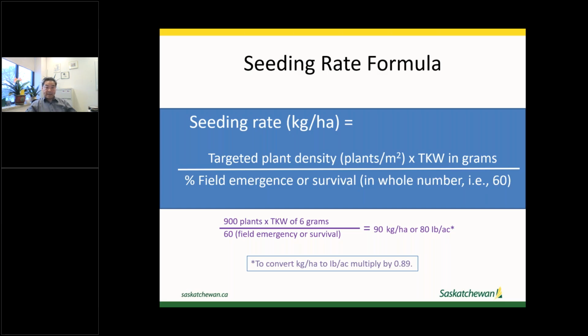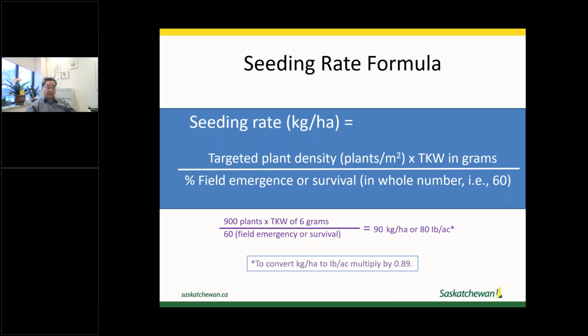And the ministry has a seeding rate formula in almost every publication, which is a very simple way to do it. Seeding rate in kilograms per hectare, which is different from pounds per acre, is equal to the targeted plant density per square meter times the TKW, the 1,000 kernel weight in grams, divided by the percentage of field emergence.